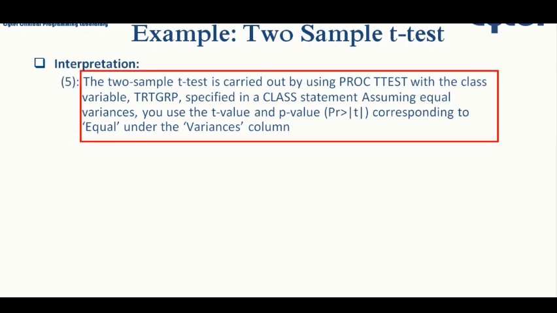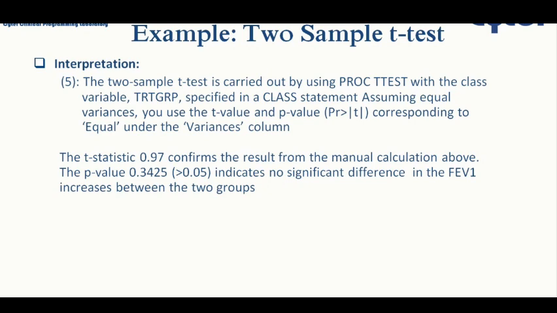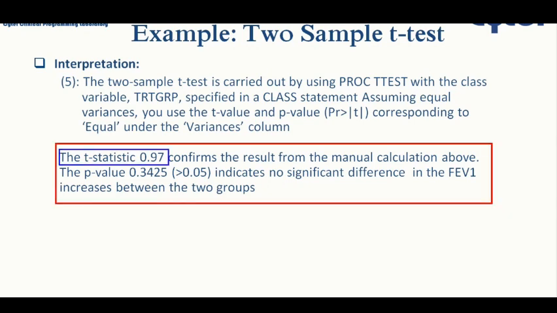The two sample t-test is carried out by using proc ttest with the class variable treatment group specified in the class statement. Assuming equal variances, you use the t value and p value, which is probability greater than mod t, corresponding to equal under the variances column. So as we were looking at the SAS output, the value of the t statistic was 0.97 and the p value was 0.3425.